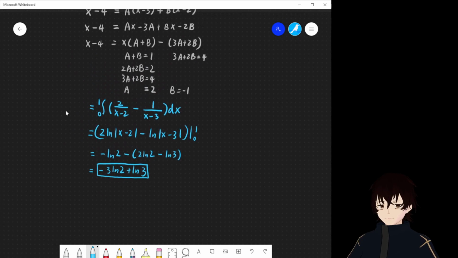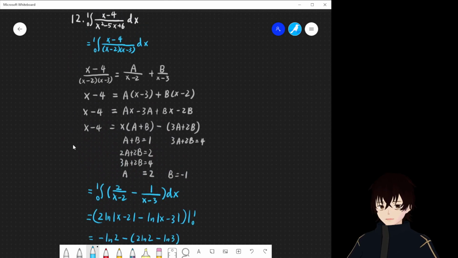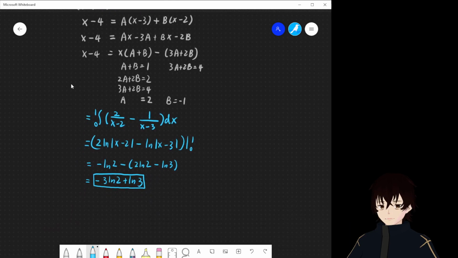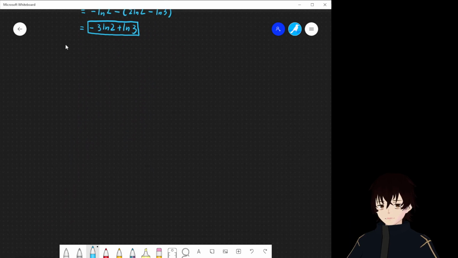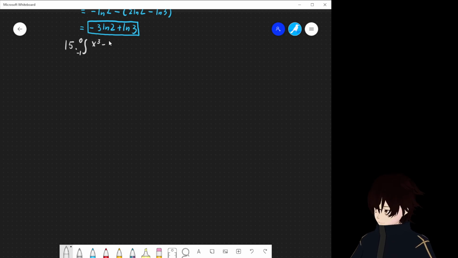Need to keep it in a straight line down. Start here. Okay. 15 wants to know the integral from negative 1 to 0 of x cubed minus 4x plus 1 over x squared minus 3x plus 2 dx.